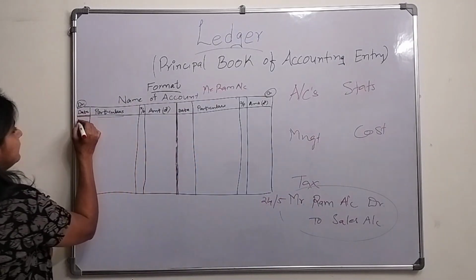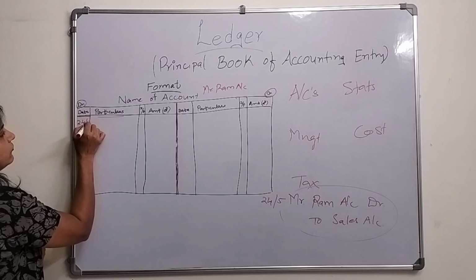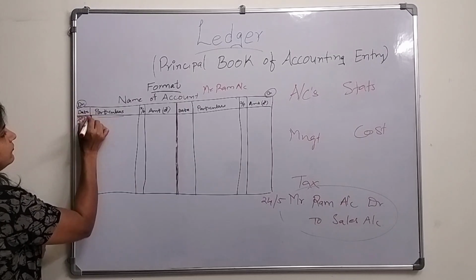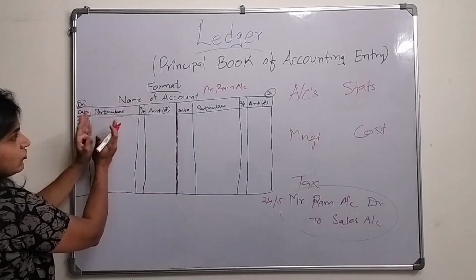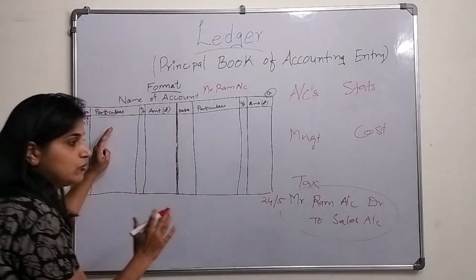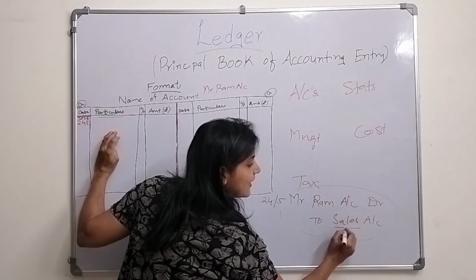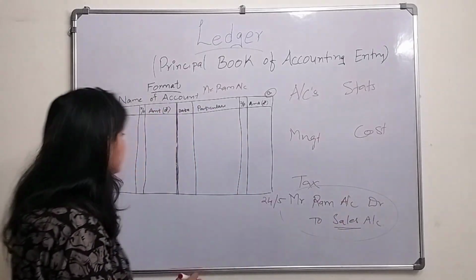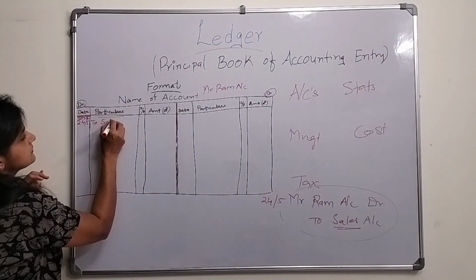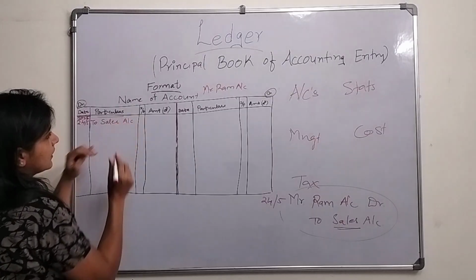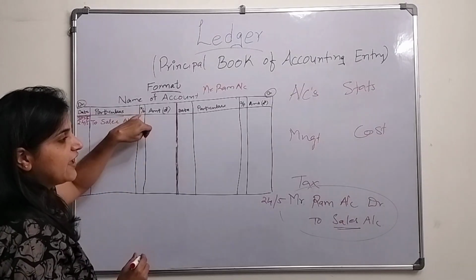Here I will write the date, 24th of May 2025. Mr. Ram's account is being debited, so on the debit side I will mention what I have done: I have sold goods to him. So I will write to sales account. What is this JF?